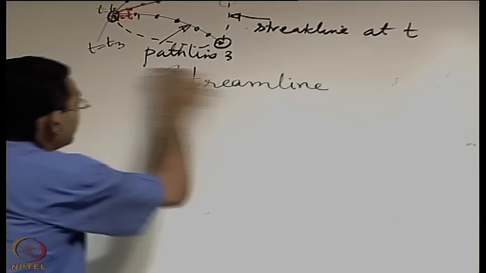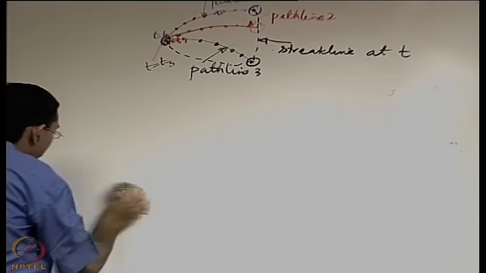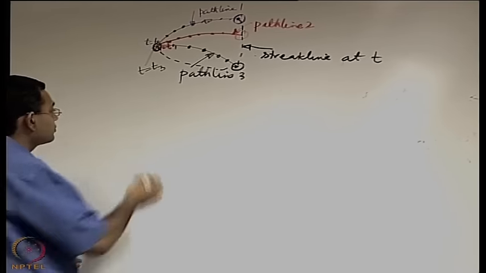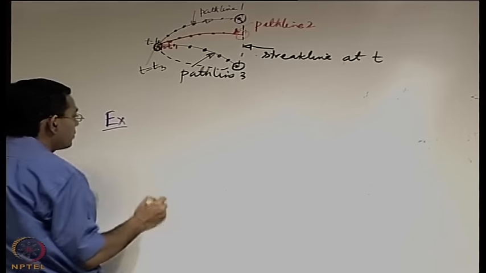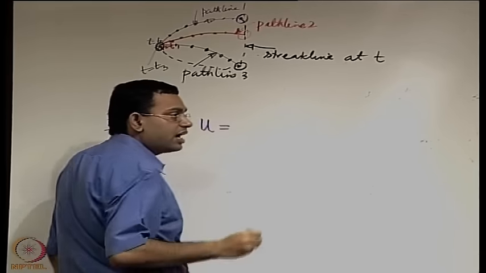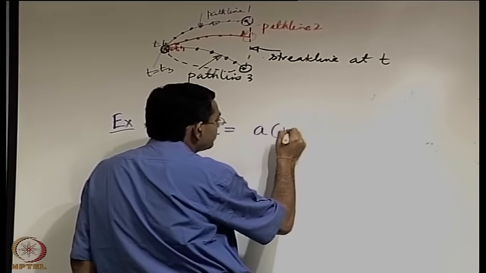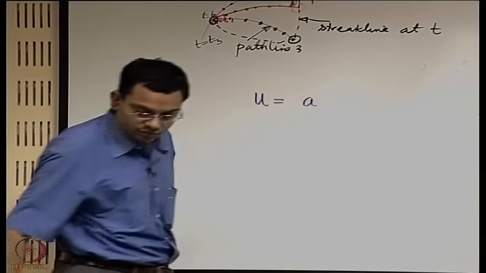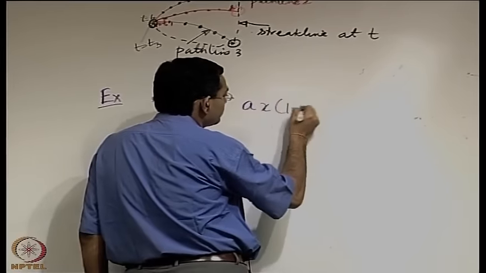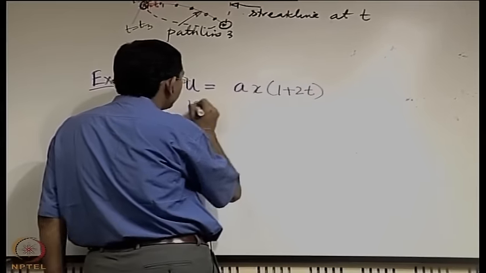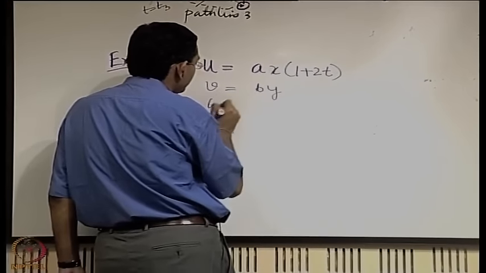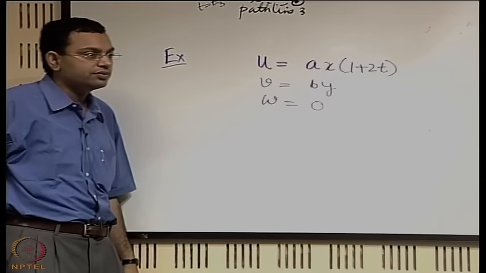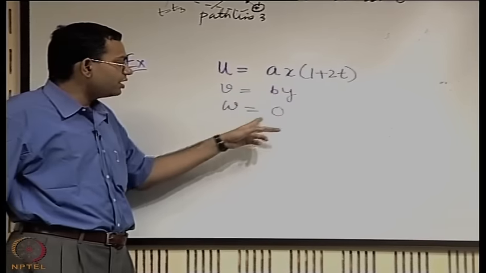As an example, we will consider a 2-dimensional velocity field. Let us say that a velocity field has these types of components. u is given by ax into (1 plus 2t), v is given by by, and w is 0.